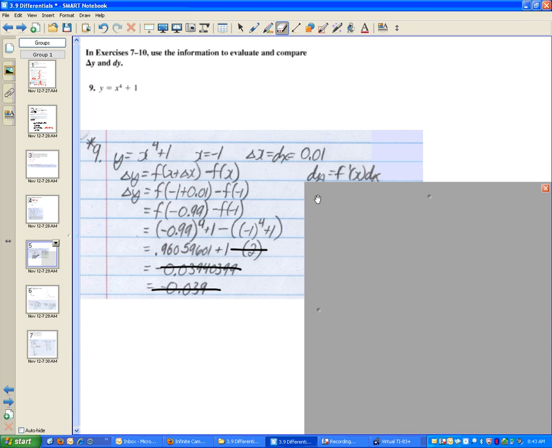So it's 0.9605961 plus 1 minus, well then what's in that last parentheses? 1 plus 1 is 2. So 0.9605961 plus 1 minus 2 equals negative 0.03940399.